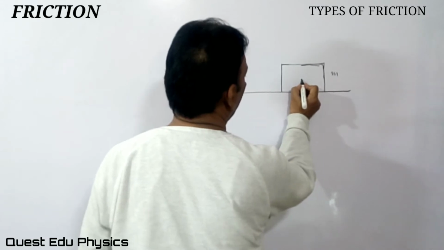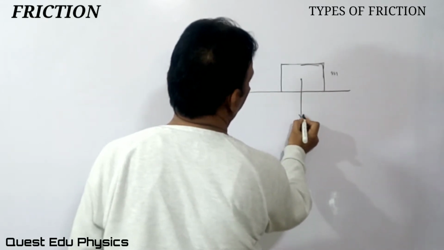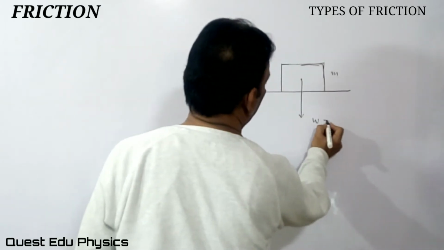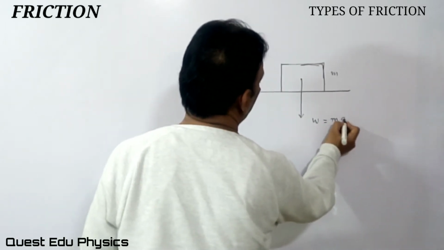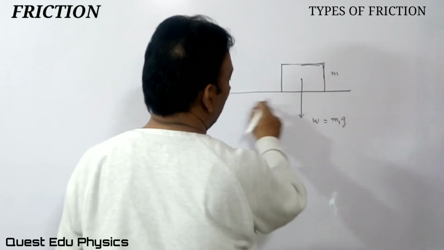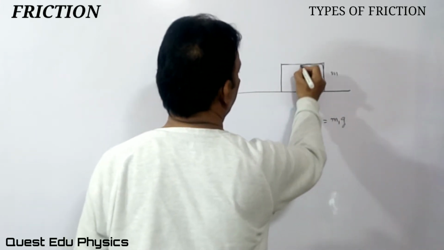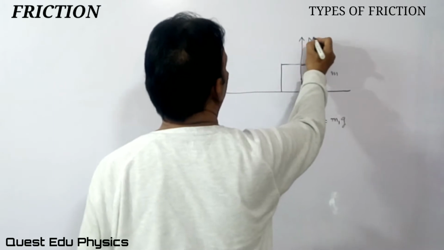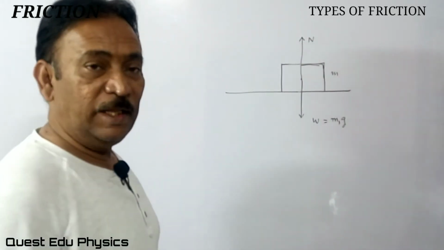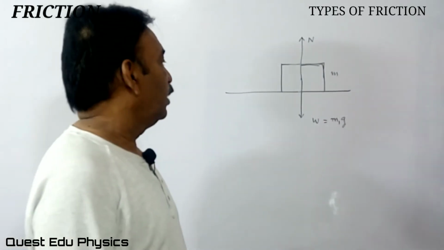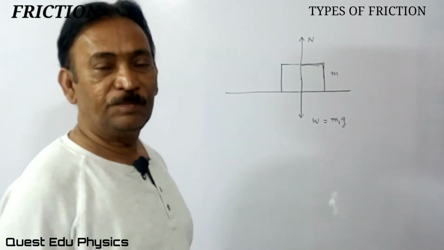Obviously you would say the weight of the body, which acts vertically downwards, and you know that weight is equal to mg. This is the action on the surface, so a reaction will act. It is the normal reaction. These two forces get balanced with each other. That's why we said there is no extra force acting.